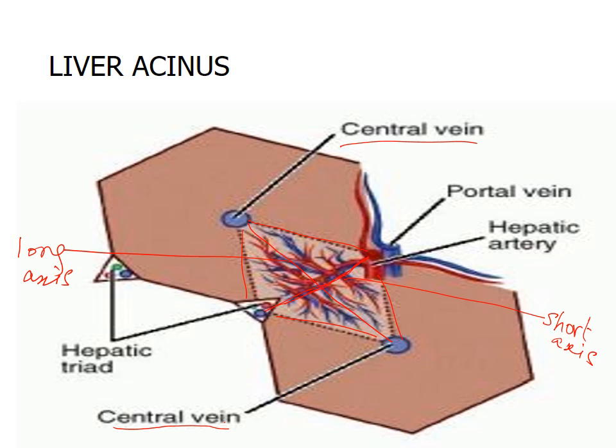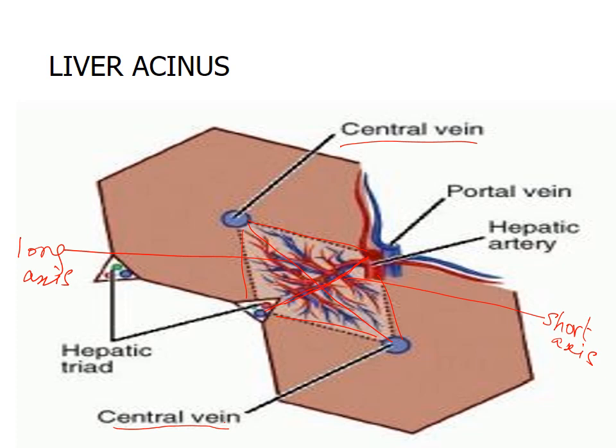The long axis of this ovoid area corresponds to the line drawn between the two neighboring central veins. Now these are the two neighboring central veins, and the long axis corresponds to a line drawn between them.